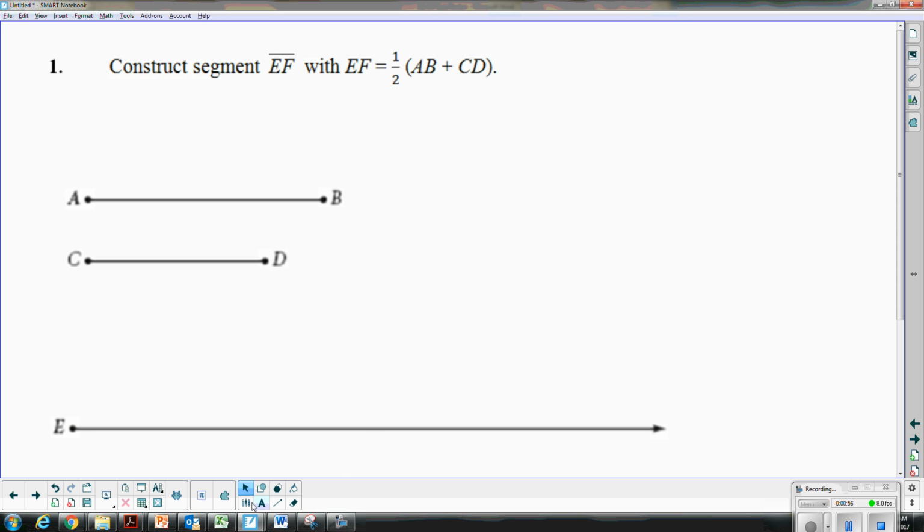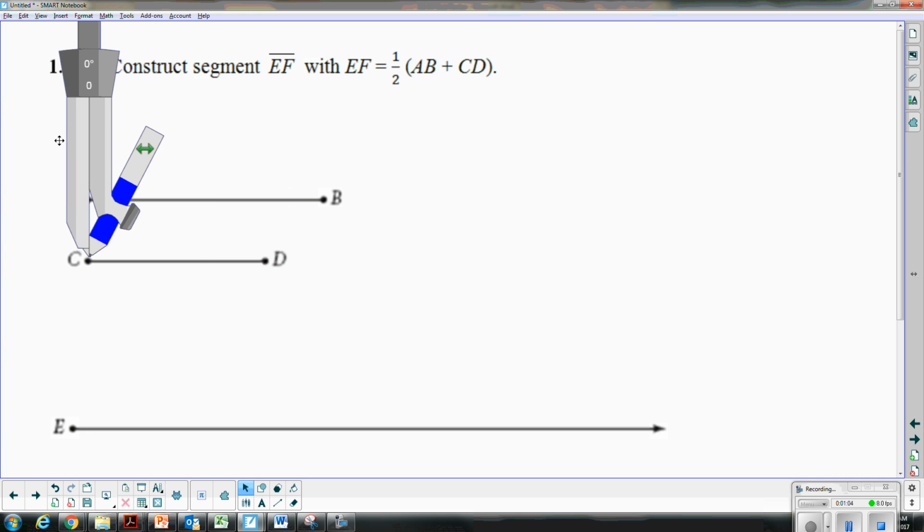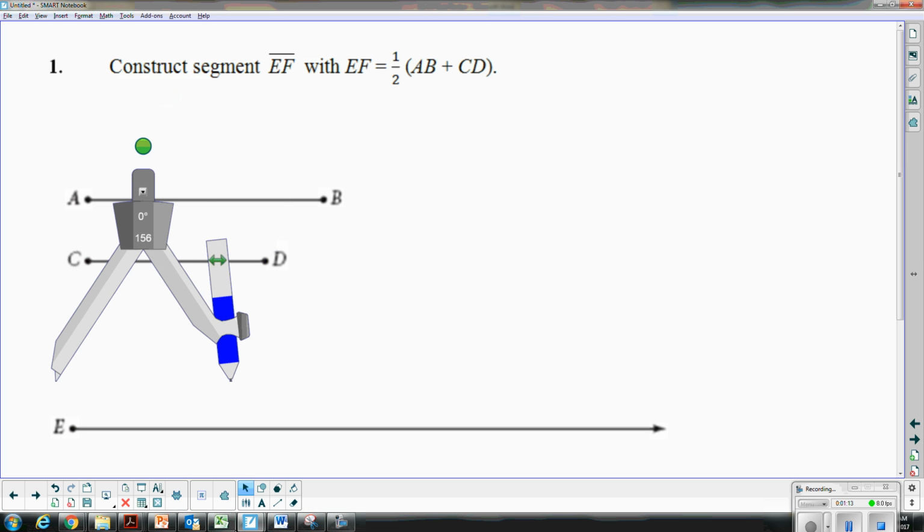So the first one, we're going to use our compass to duplicate segment CD and just add that to AB. Actually, first what I would do is use my straight edge to extend this line, and then pick some point on there that is congruent to CD.